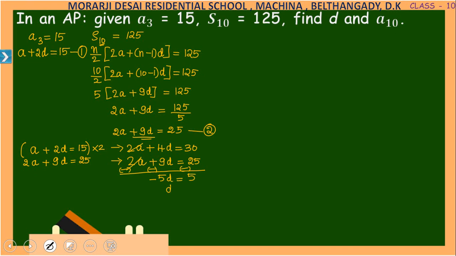So d is equal to 5 divided by minus 5. So d is equal to minus 1, plus divided by minus is minus. d is equal to minus 1.